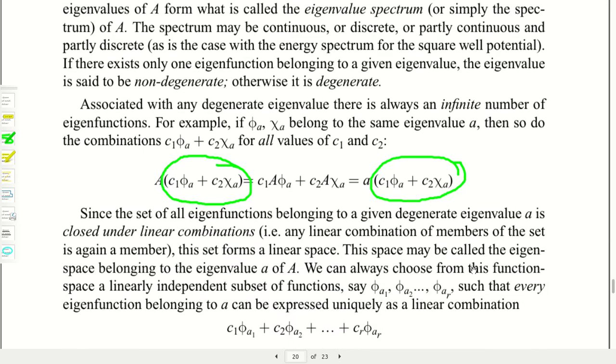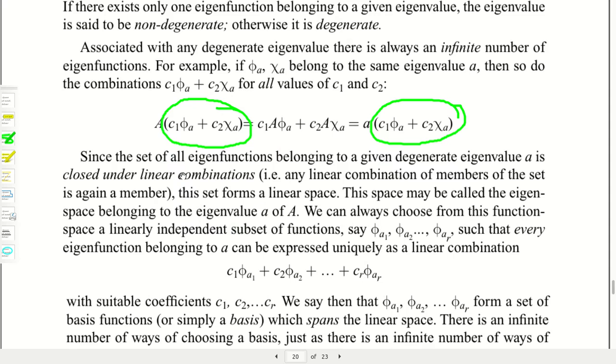As C1 and C2 can be any constants, this is not describing a single eigenfunction, this is describing an infinite number of eigenfunctions. So actually the degeneracy will be an infinite set of eigenfunctions.